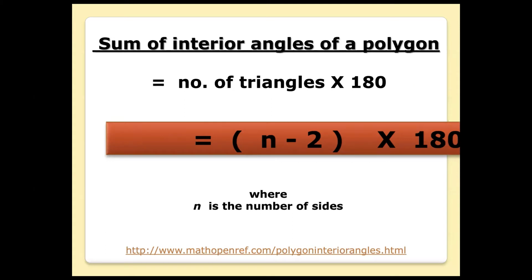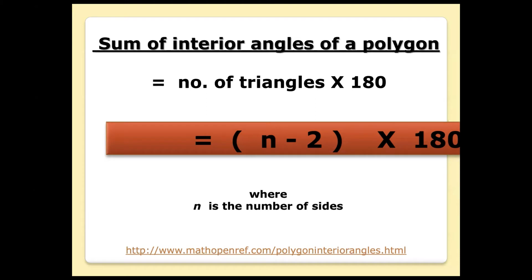So, to find the sum of all the interior angles, we apply the rule n minus 2 times 180. So what about finding each? I want to find each measure of the interior angle. I have to divide, but divide by what? By n.